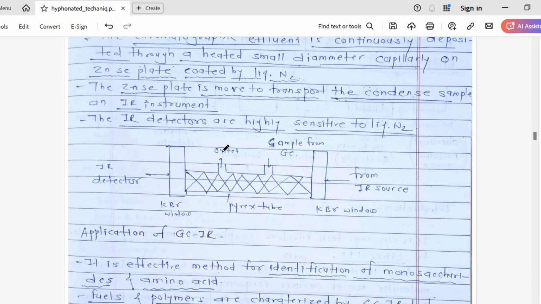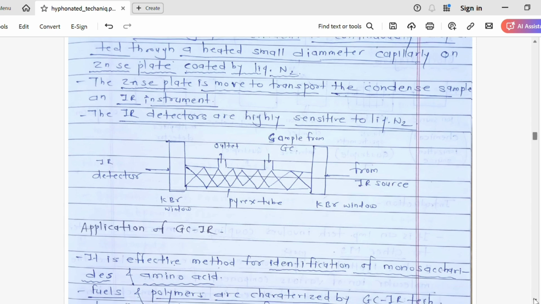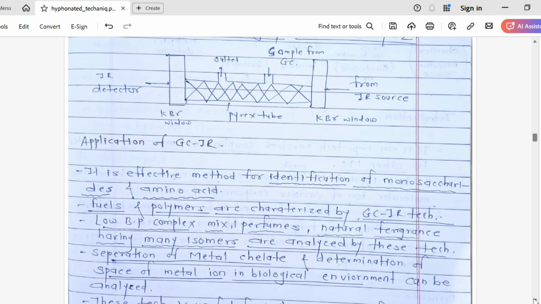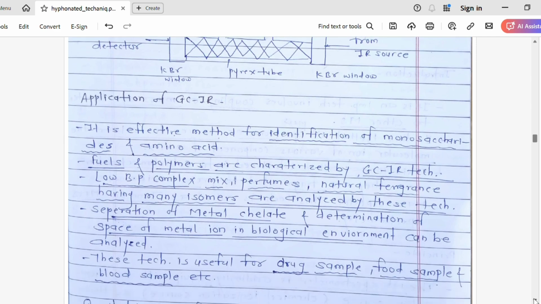In the IR instrument, the IR detectors are directly sensitive to the condensed sample. This diagram represents the whole cold trap interface. This is similar to the light pipe interface, and both techniques are the same, with only small differences.